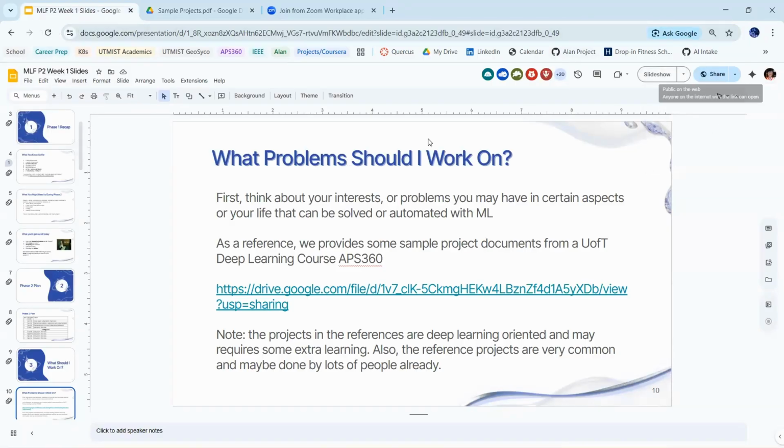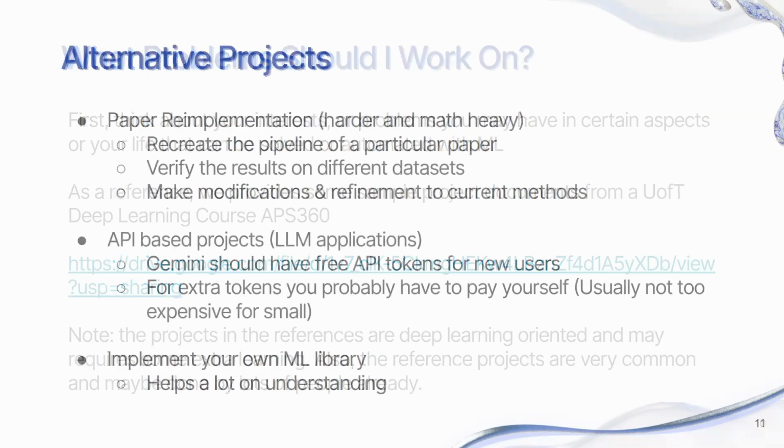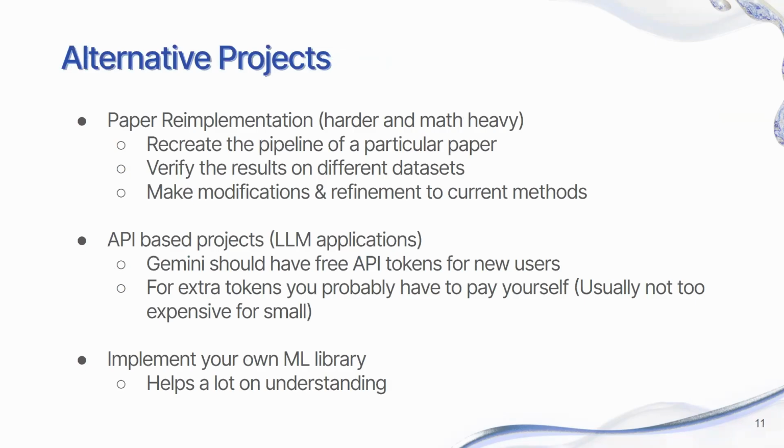I think I shared it, so it should be okay. Everything in the document is very common, so if you want something more nuanced or specialized, you can definitely brainstorm your own idea. That's it. And have some alternative projects you could work on.